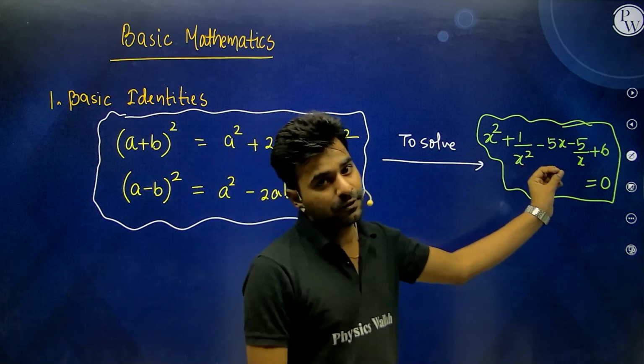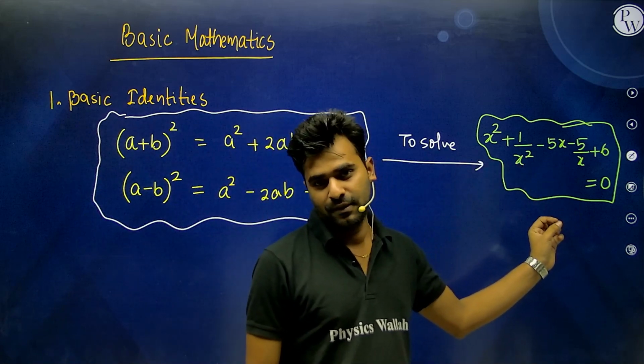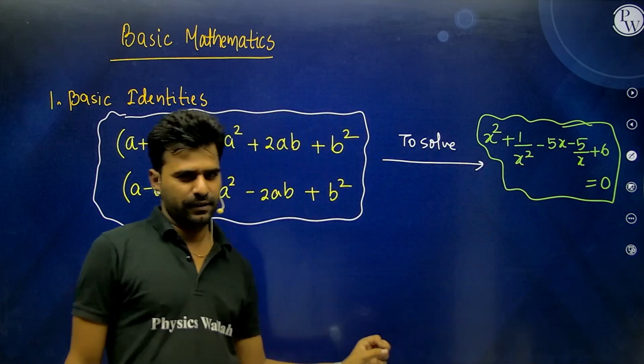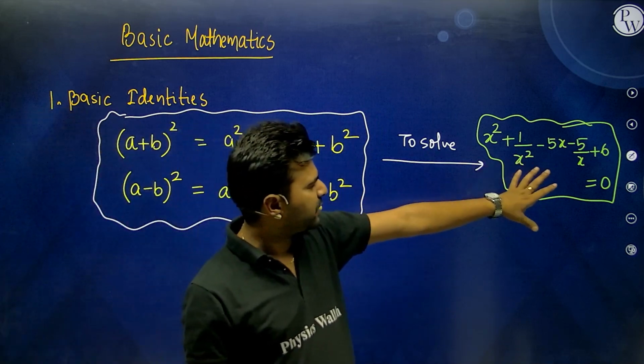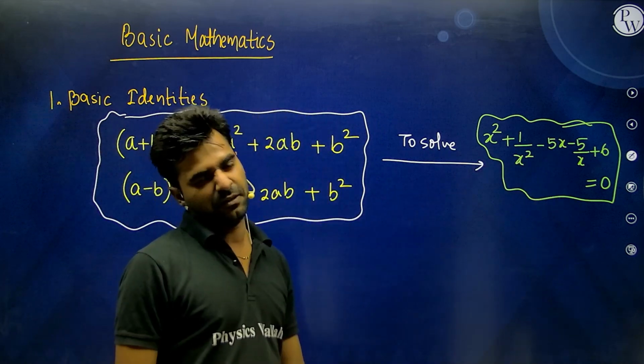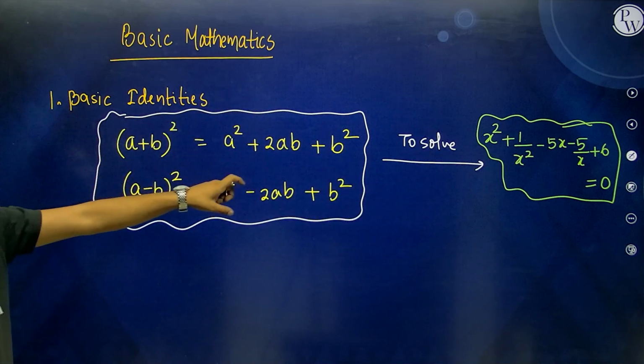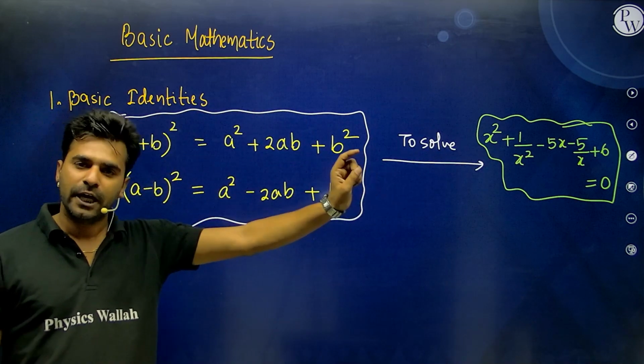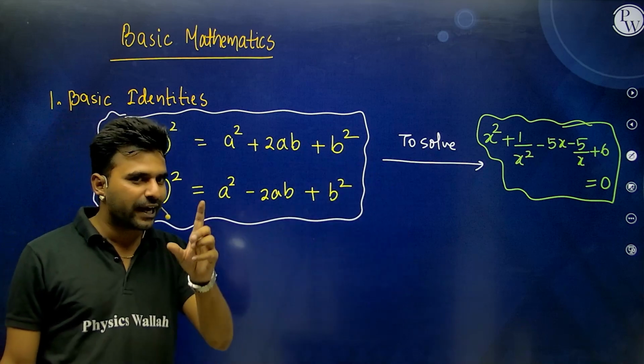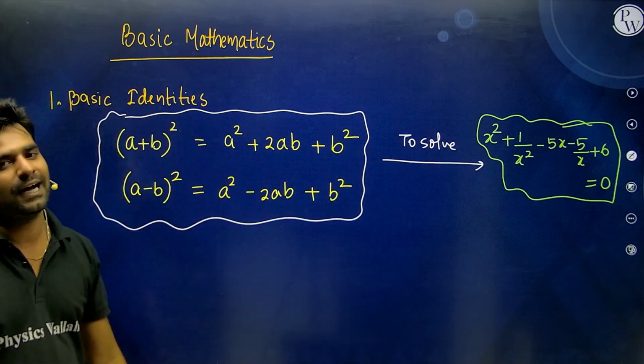Now JEE asks a lot of questions based on this, but this is not that difficult. A lot of guys, by just looking at the equation, feel this is a bit tough, sir. No, it is very easy. With the help of these two identities only, we will learn how to solve these equations. So that is going to be our agenda number 1 under basic identities.